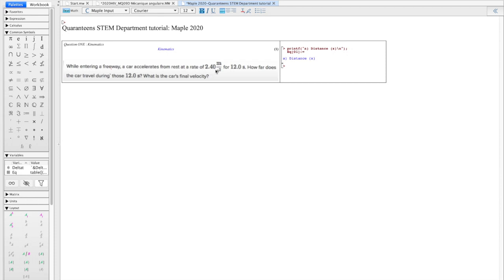For this, we have our car accelerates from a rest rate. We have our acceleration, and we have our time. We can do this in different ways, but I want to try out the third equation from the five one-dimensional movement equations.